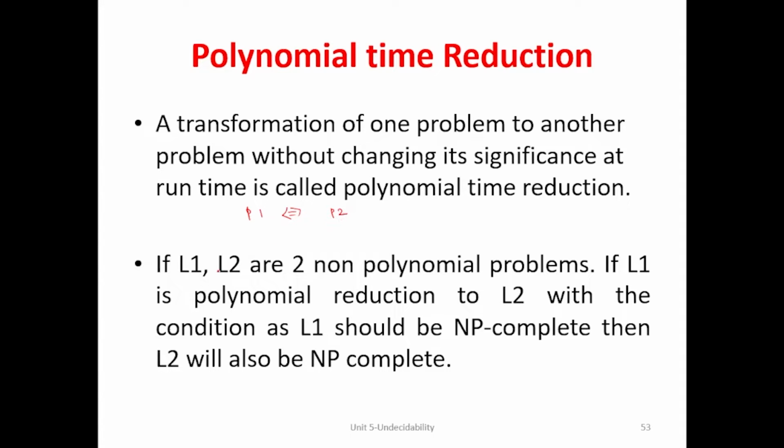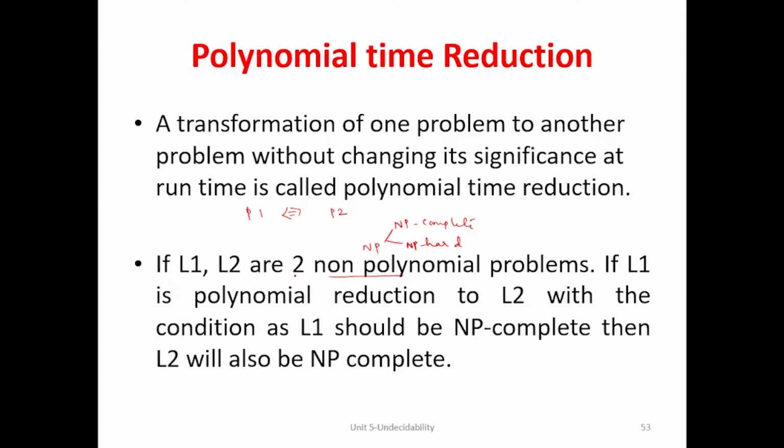So consider L1 and L2 are two non-polynomial problems. Non-polynomial problems fall into two categories. If you are able to find a solution in a particular situation, then that problem is called an NP complete problem. If there is no solution for that problem in all situations, then those problems are called NP hard problems.